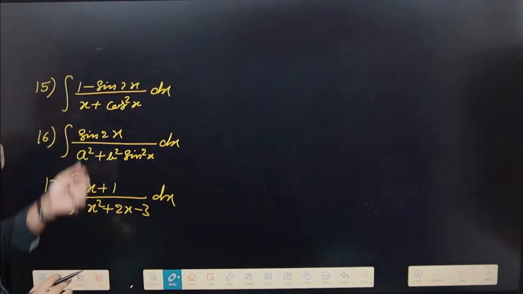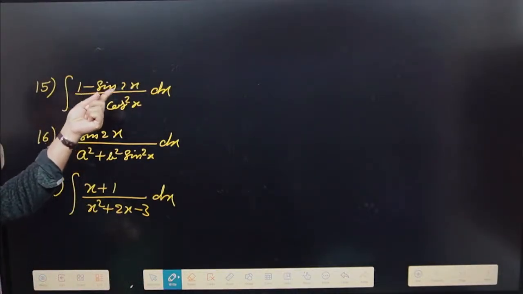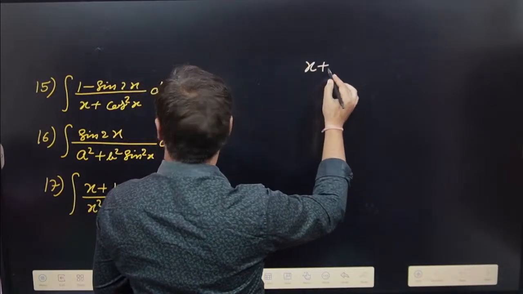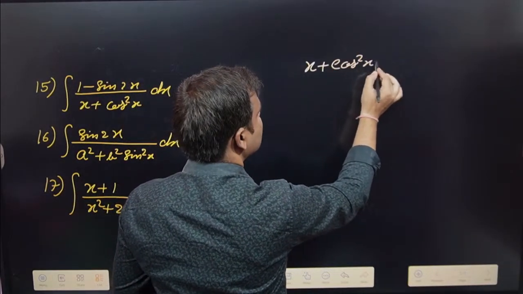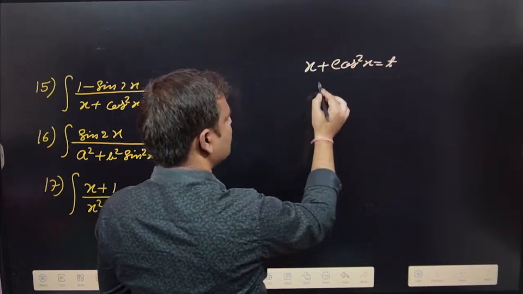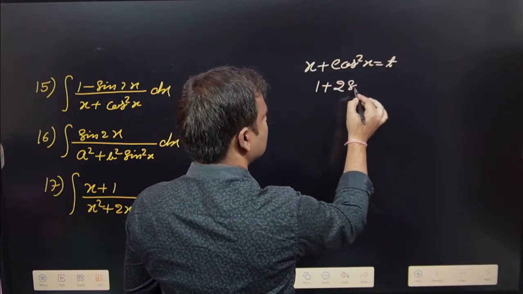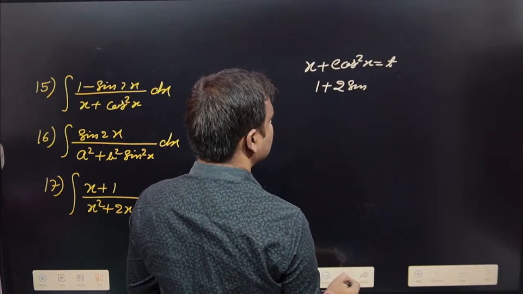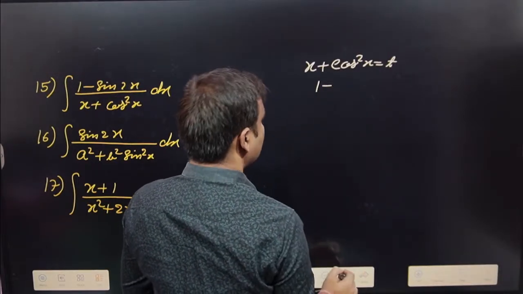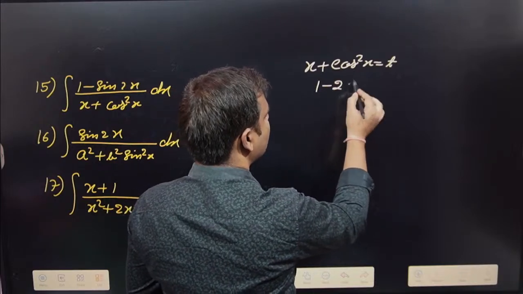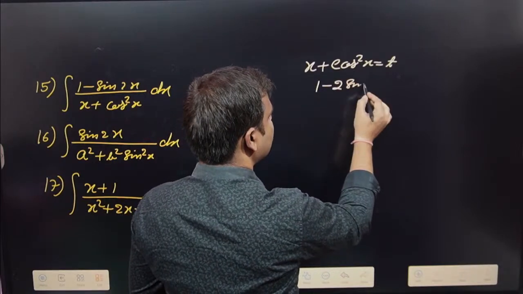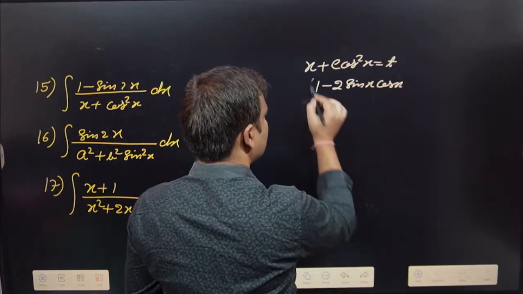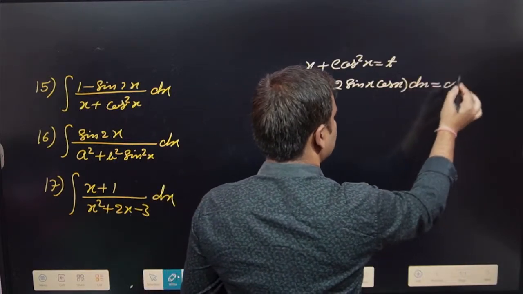Look, once again, let x plus cos square x be t. Differentiate both sides, then 1 plus 2 times sin x, the differentiation of cos, is minus 2 sin x into cos x into dx. This is equal to dt.